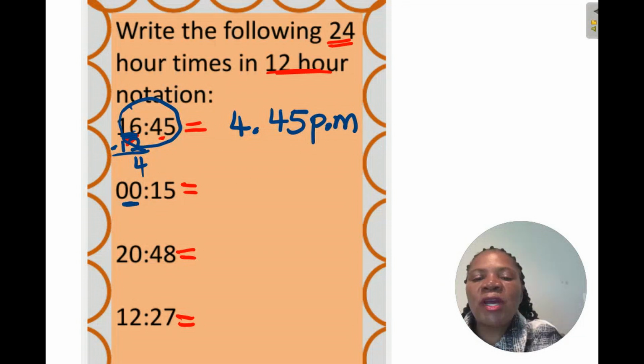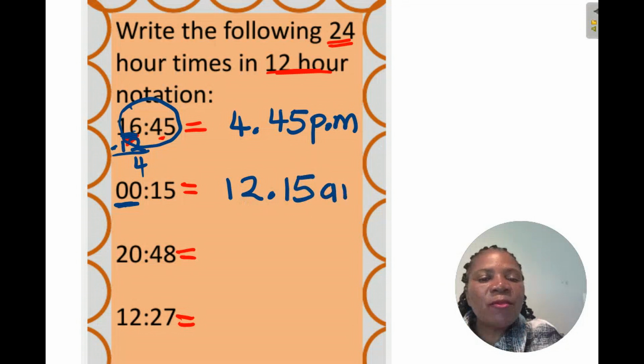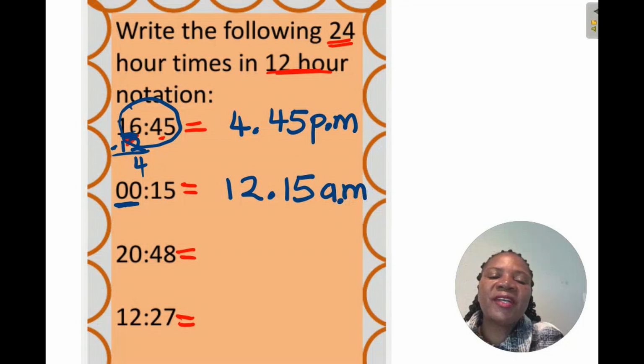Then we come to this one. This one has 0 hours of the day, which means it is 12:15. 0 hours of the day, which is in the morning, a.m. Okay, 0 hours of the day is 12:15 a.m. It is in the night, midnight, when we are fast asleep, but the cocks in the rural areas will already be crowing.